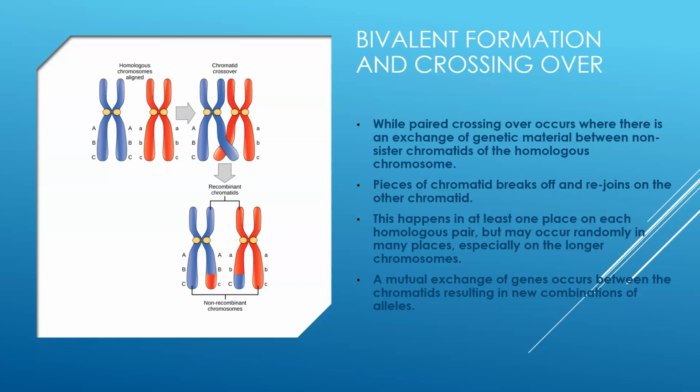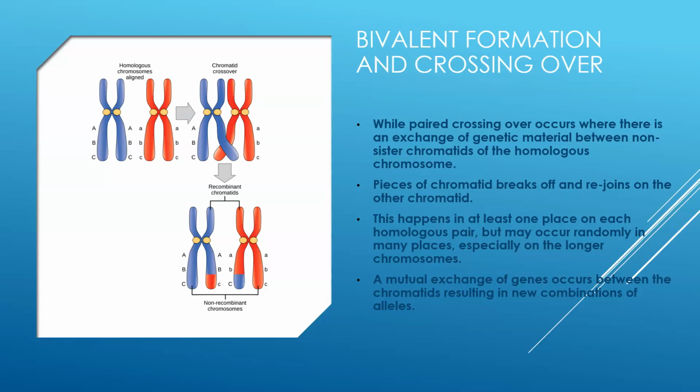That's what we mean by crossing over. Pieces of chromatid break off and rejoin the other chromatid. This happens in at least one place on each homologous pair. It can occur randomly in other places, especially for our larger chromosomes, and a mutual exchange of genes occurs between the chromosomes, resulting in these new combinations.